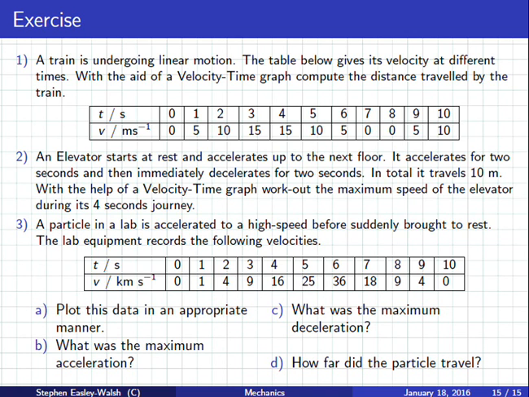To summarize, u is the height at the beginning, v is the height at the end, a is the slope, t is the base, and then s is the area.